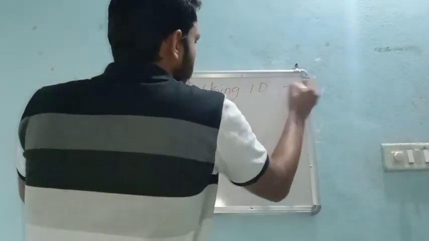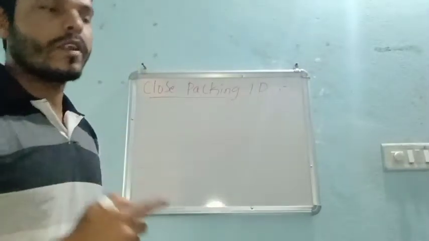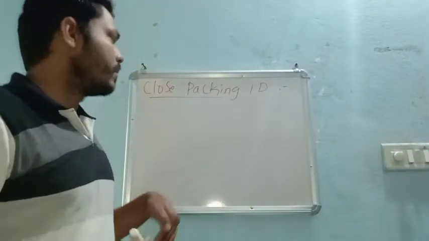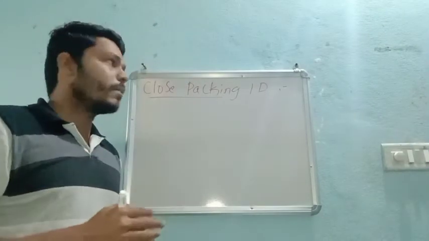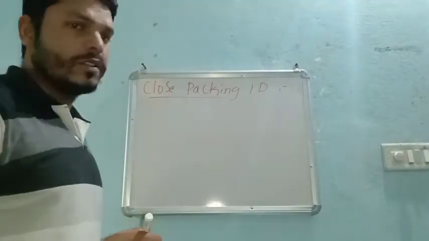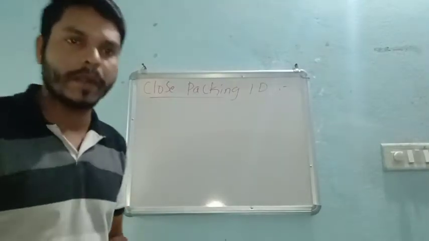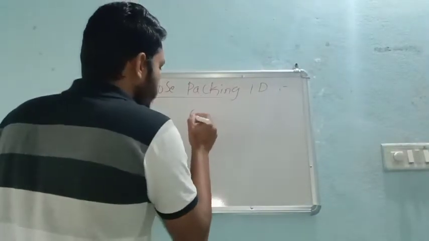Close packing in one dimension, right? 1D, right? So one dimension is nothing but one quantity, right? That might be a length or a breadth or height. So if I arrange the solid constituent particles in one dimension, then they look like this, right?